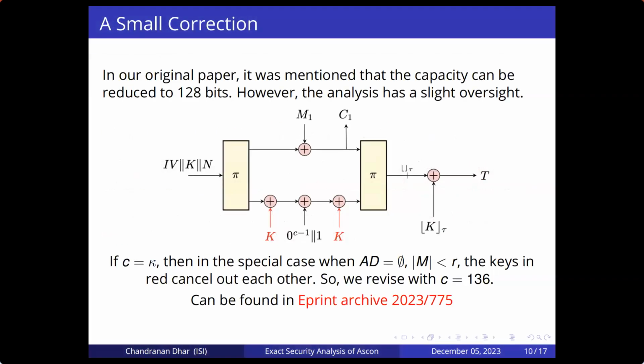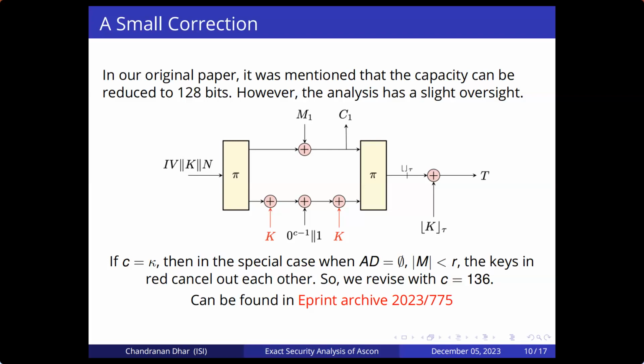At this point, I would like to point out a correction in our original paper. In our original paper, it was mentioned that the capacity can be reduced to 128 bits. The 128 bits comes because the key can only be added in the capacity, so the capacity needs to be greater than or equal to the key size.